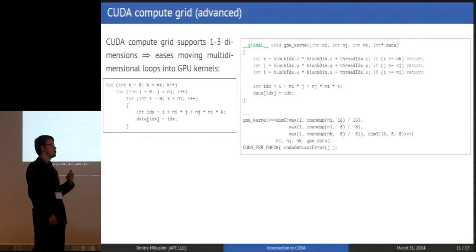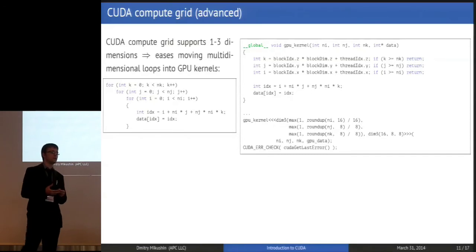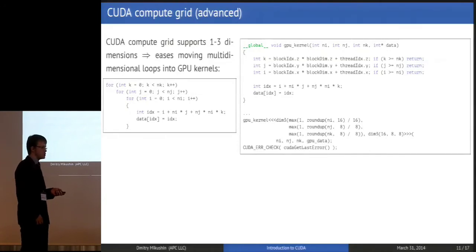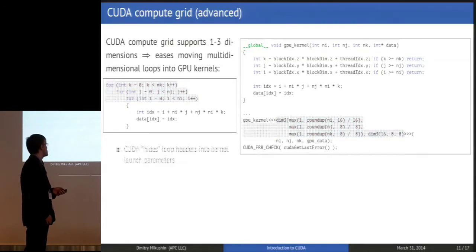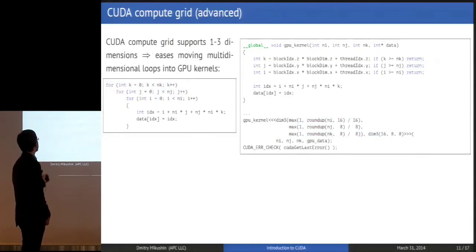Why did CUDA introduce this right into the programming model? Because having multidimensional indexing by default is a very handy thing for porting multidimensional loops into GPU kernels. For instance, here we have the original CPU loop on the left and the equivalent GPU program on the right.